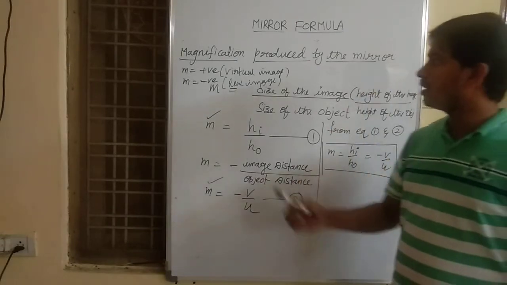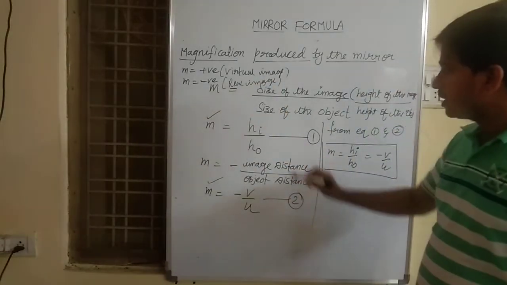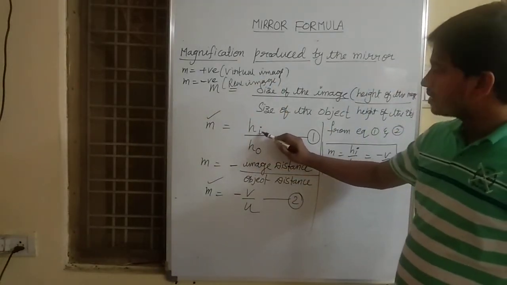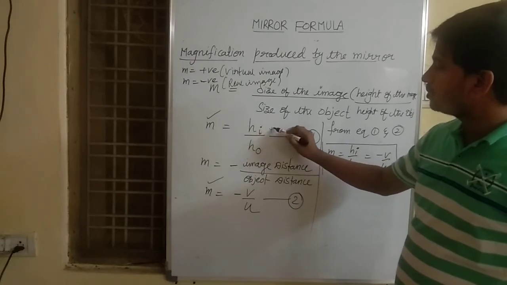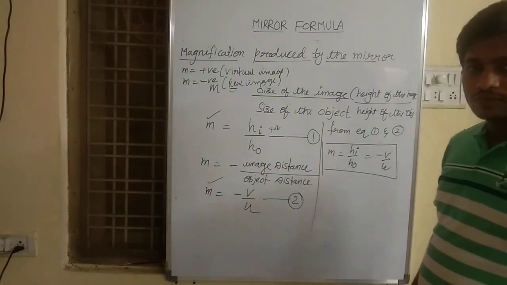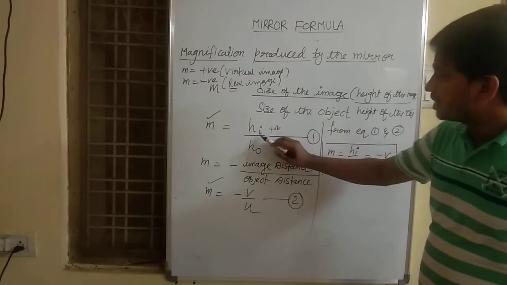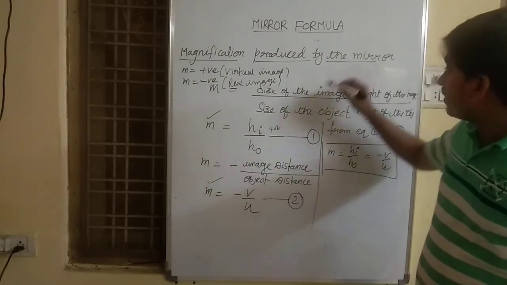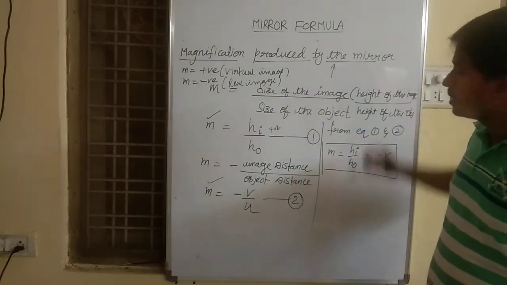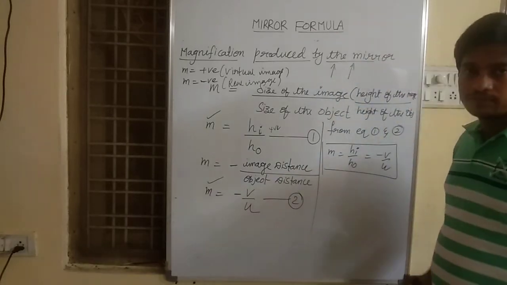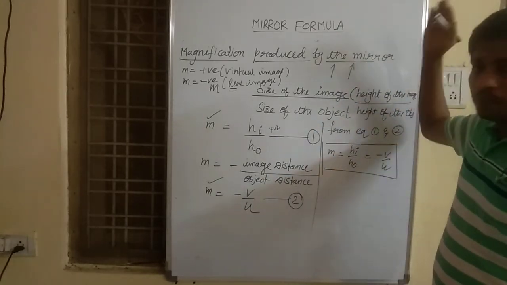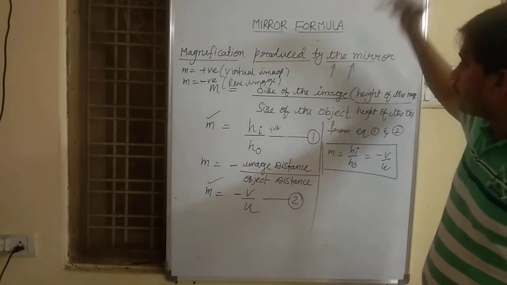Okay, for a virtual image, the height of the object is always positive. For a virtual image, if the object is placed like this, the image also will form like this only. I mean, they both are upward and perpendicular to the principal axis.